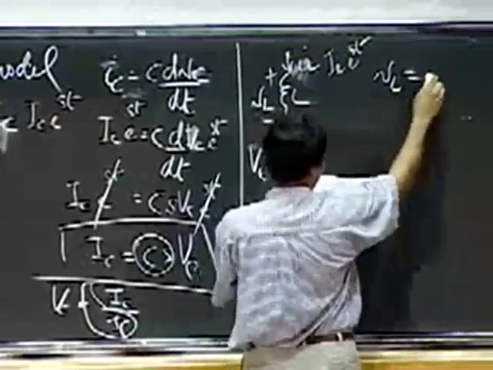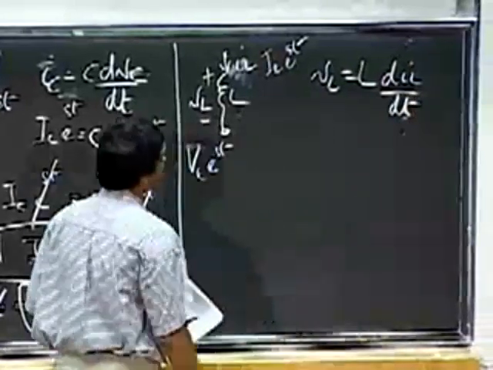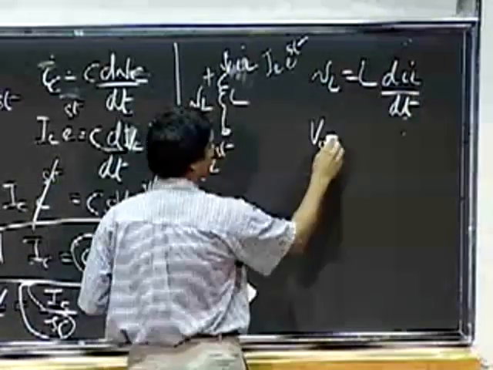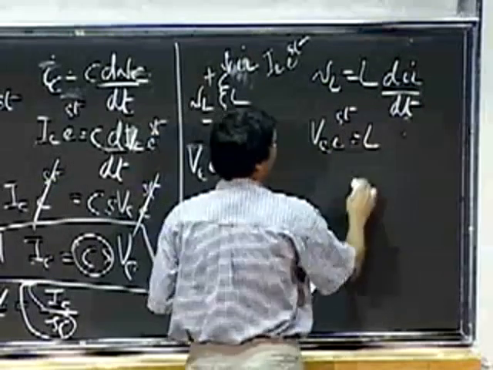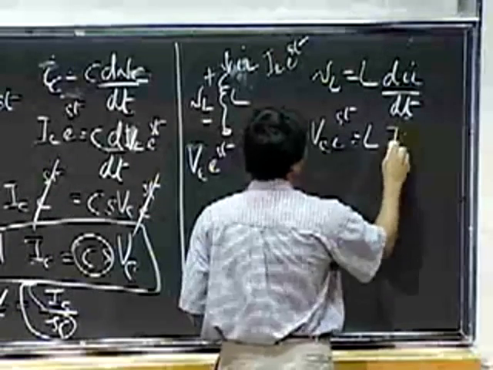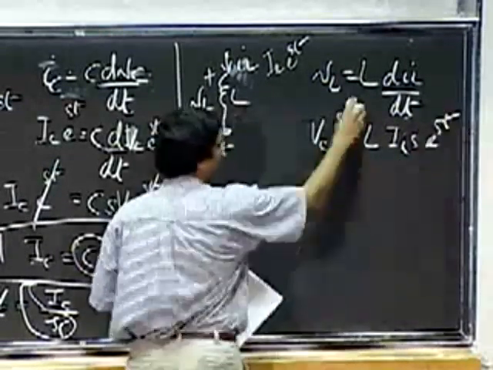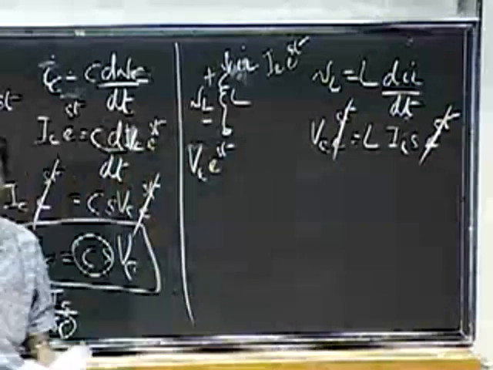So I know that VL is L dIL/dt. Therefore, substituting the complex amplitudes, dIL/dt will simply be IL s e to the st. So cancel out the exponentials.